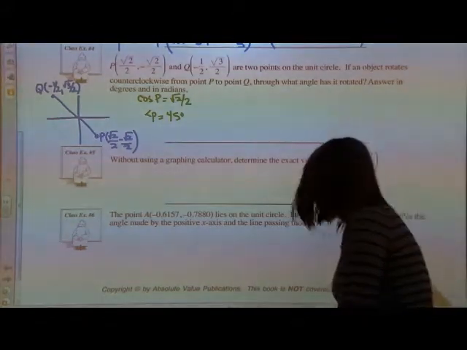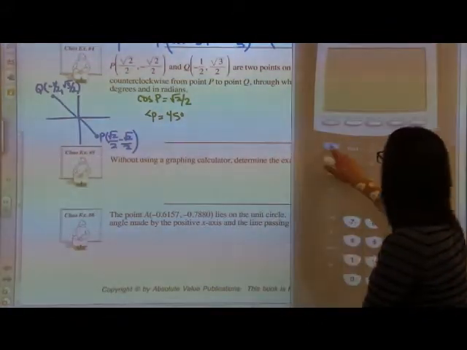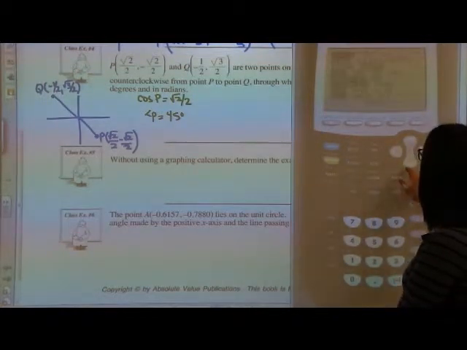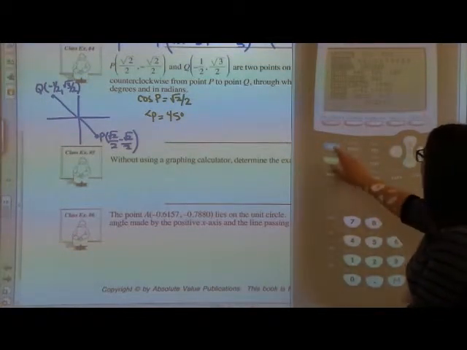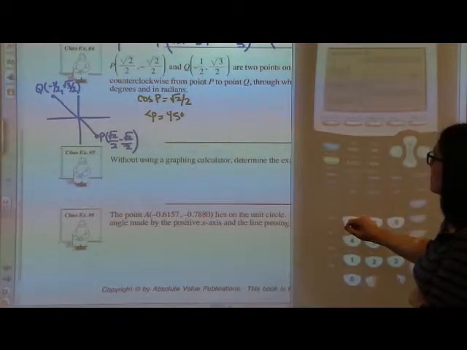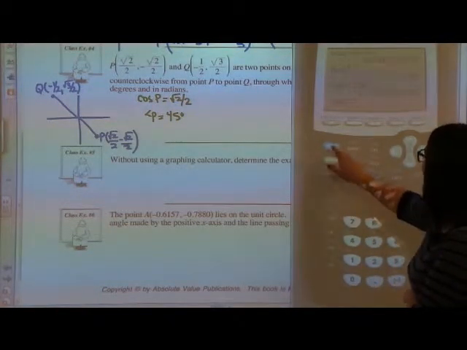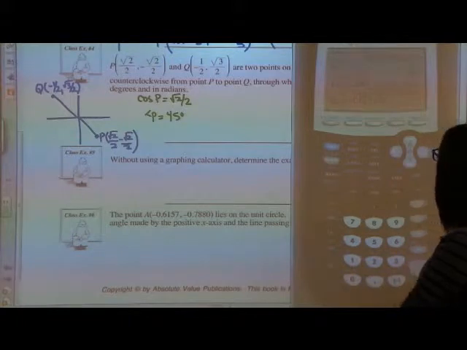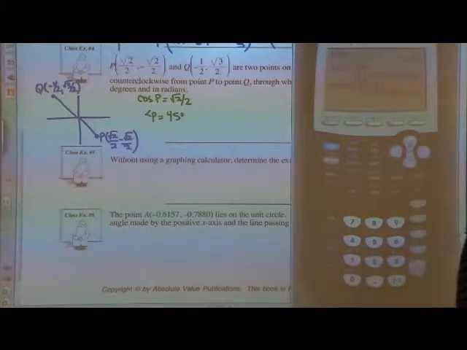If I was in radian mode and I did this, so I go cos inverse, root 2 divided by 2, I would get this number here.